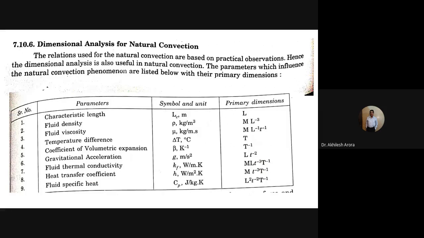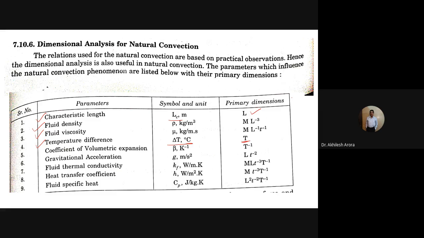So similarly, we can do the dimensional analysis for natural convection. In this particular case, what are the important parameters? One is the characteristic length, LC, primary dimension L, fluid density, fluid viscosity, temperature difference delta T in degree Celsius.